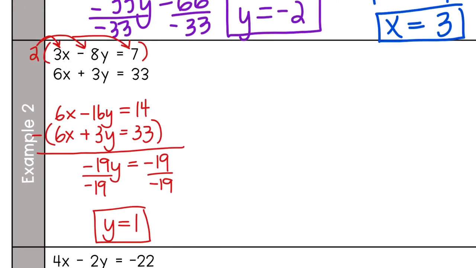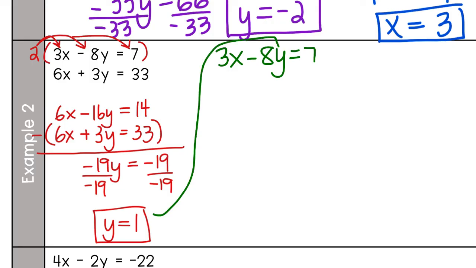So I'm going to take our first equation. So before we did any multiplying, just the first equation, 3x minus 8y equals 7. But instead of y, I'm going to plug in 1 right there. So it's going to become 3x minus 8 times 1 equals 7.